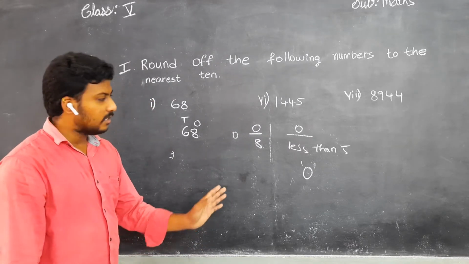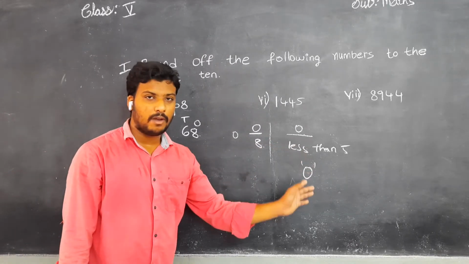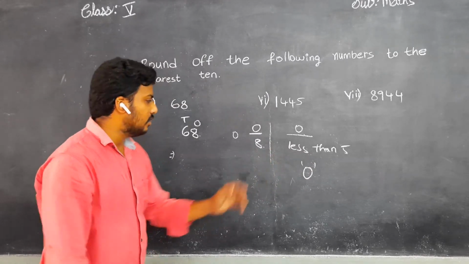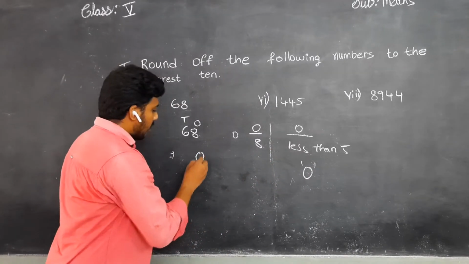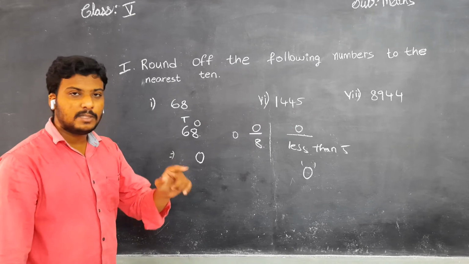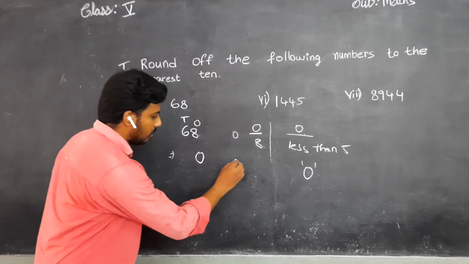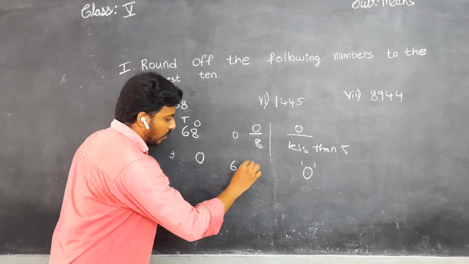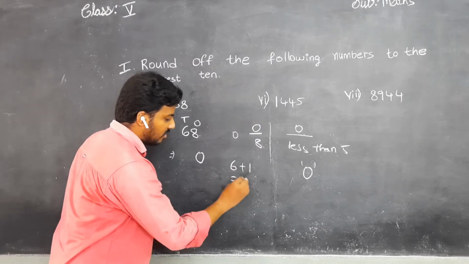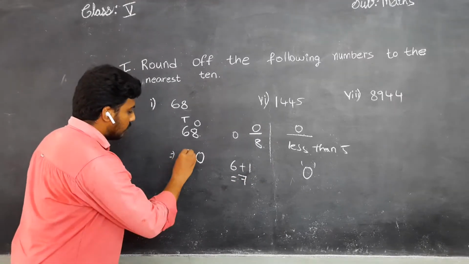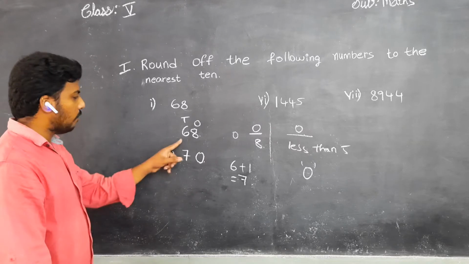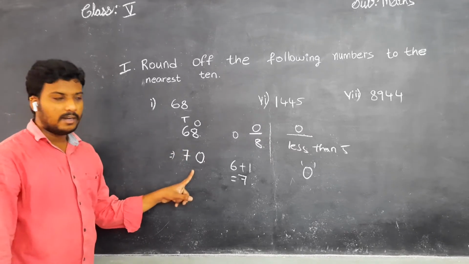If the value is greater than 5 or 5, then you again keep 0 in the ones place, and you need to increase the tens by plus 1. Means for this 6, you need to add 1. So 6 plus 1 how much? 7. So 70. The round off value of 68 is 70. Understand, children?